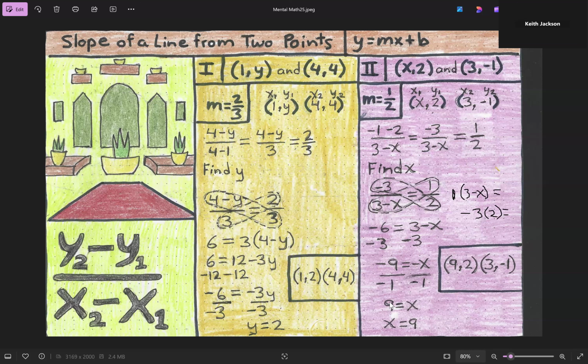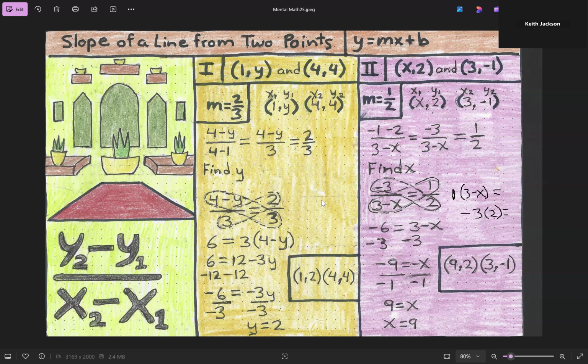And now we have 9 is equal to x, or x is equal to 9. And so now our 2 points are 9 comma 2 and 3 comma negative 1. And when you make a line from this point to this point, you're going to get the slope of 1/2.